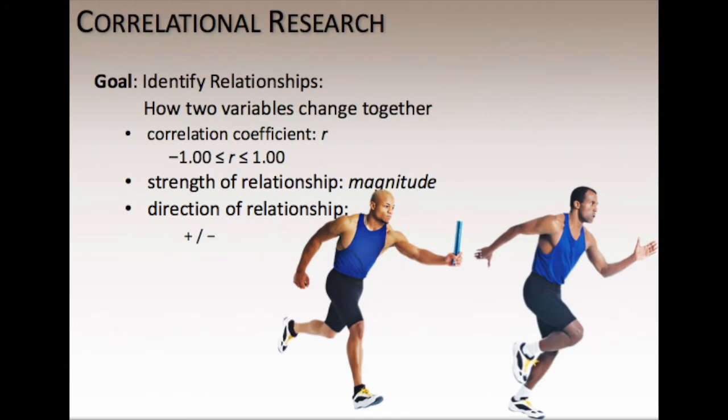The strength of the relationship between the two variables is expressed as a correlational coefficient, which ranges between -1 and +1. The numeric value of the correlation coefficient determines the strength of the relationship between the variables, and the negative or positive sign determines the direction of the relationship between the variables.